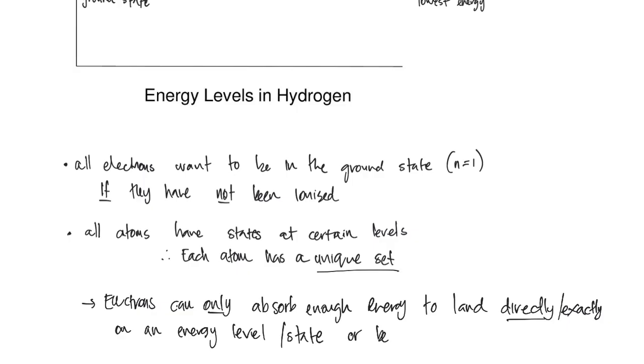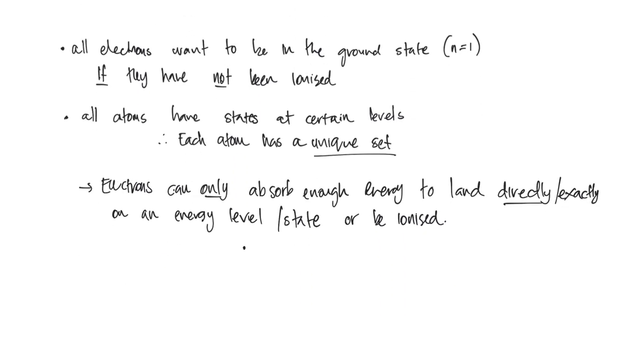Or be ionized, essentially. That means the first thing, they can jump more than one level at a time. They can jump or move more than one level at a time.